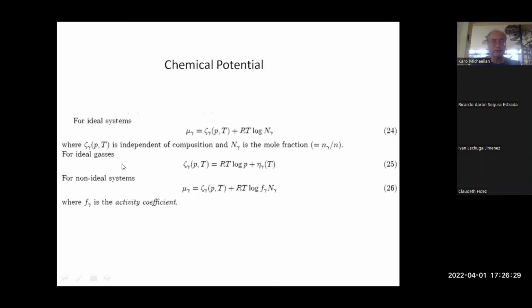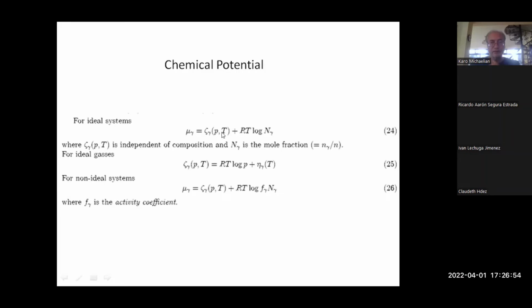Now, for example, for the ideal gas, the zeta function can also be separated into two functions, one which only depends on the pressure and the other which only depends on the temperature. So these are different functions, eta, and this is the logarithm of the pressure and the gas constant times the temperature. That's the case for ideal gases.